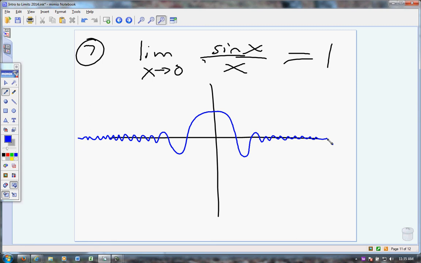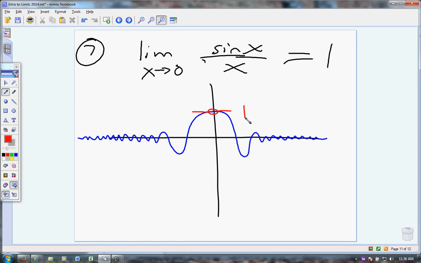But there happens to be a hole right here at 0. And this y value right here is 1. So the limit of this thing, as x approaches 0, is 1.